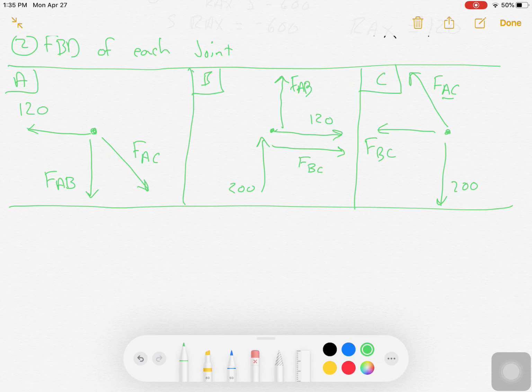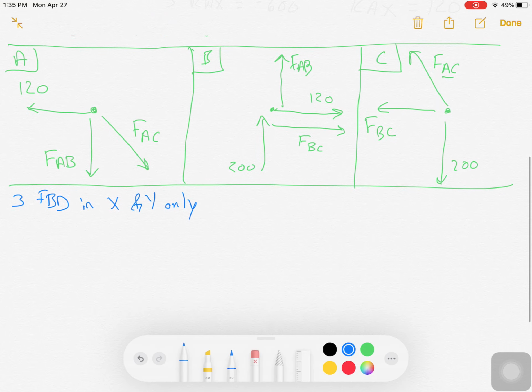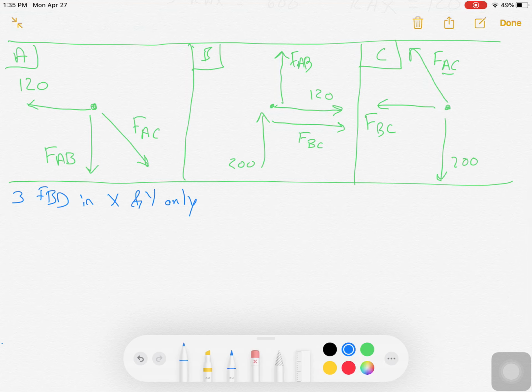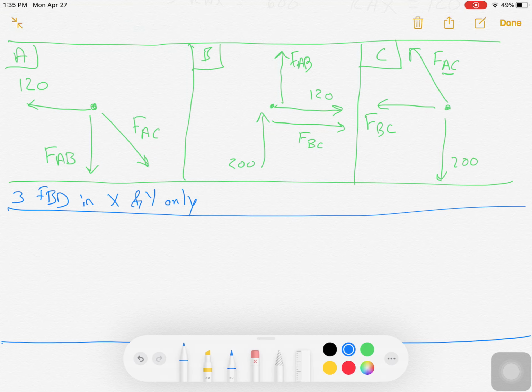Next, step 3. Make the free body diagrams in X and Y only. So the way we're going to do this, we're going to base this right off the 3 free body diagrams we just drew.